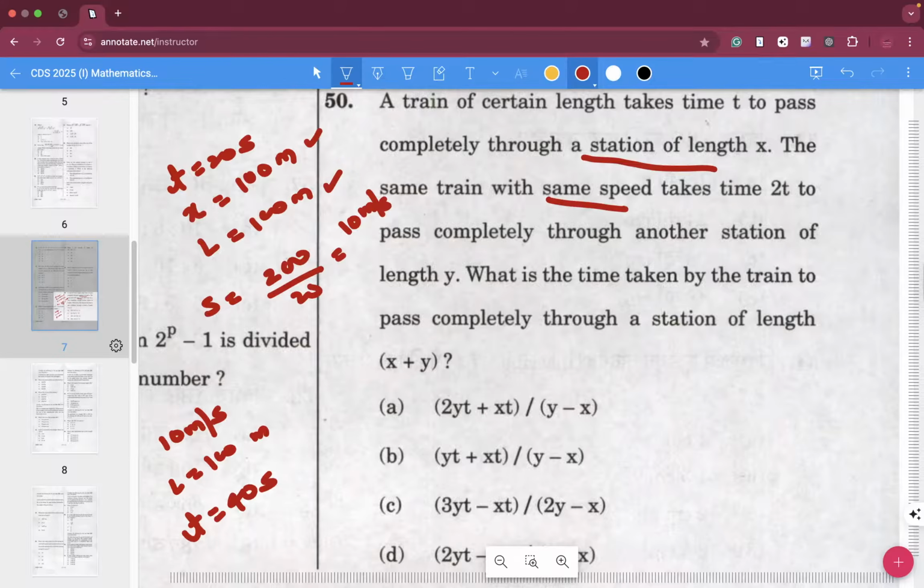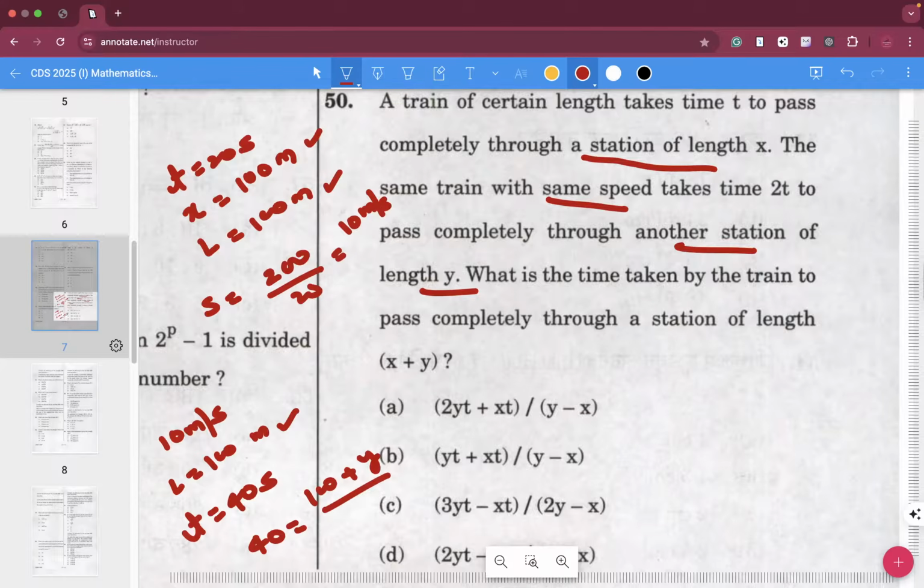Don't rush to conclude over here that now the distance is 2 times. Time is equal to distance by speed. Time is 40, distance we don't know, which is 100 plus the next platform, another platform of length y.